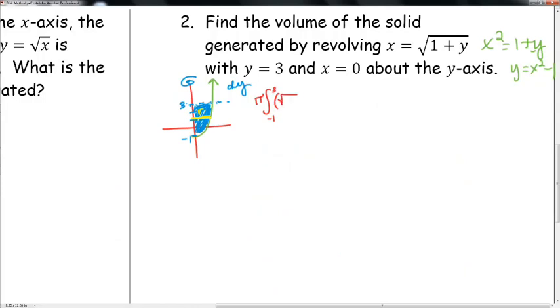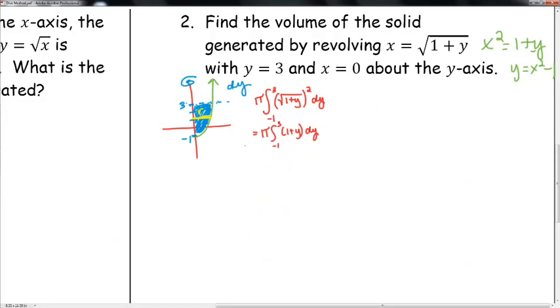So we have the square root of 1 plus y, squared, times dy. I'm going to simplify that. We have pi multiplied by our integral from -1 to 3 of 1 plus y dy.